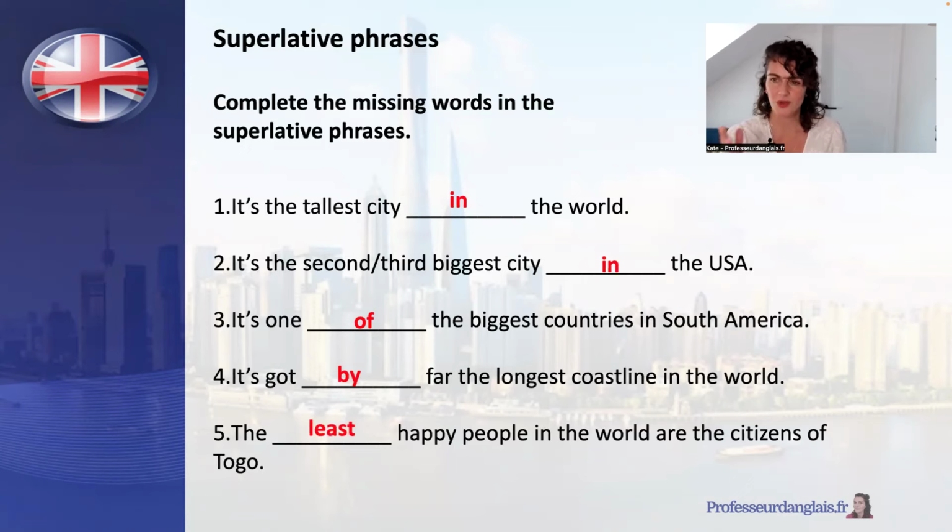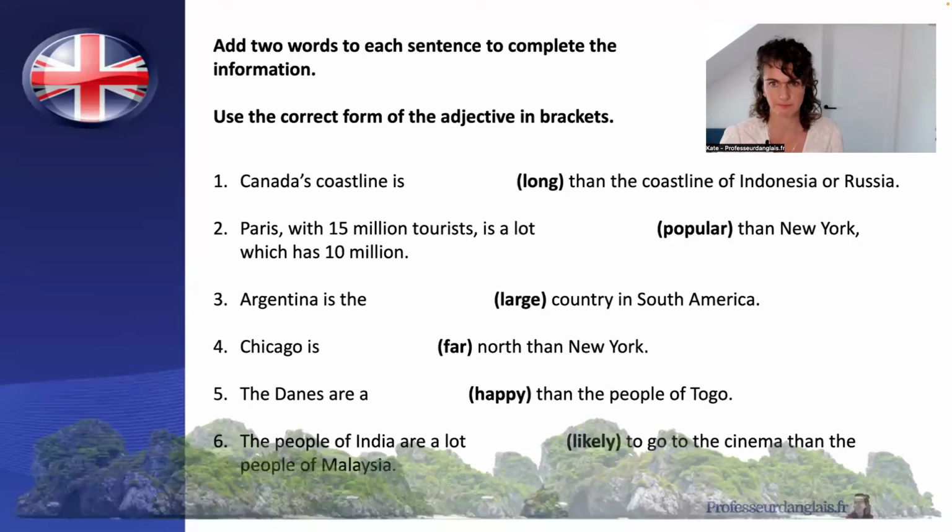Okay, so what I want to highlight here is that we have certain phrases that we use to show strong comparisons with the superlative. So the second or third biggest city, one of the, by far. These are common phrases used with superlatives to show strong comparisons.